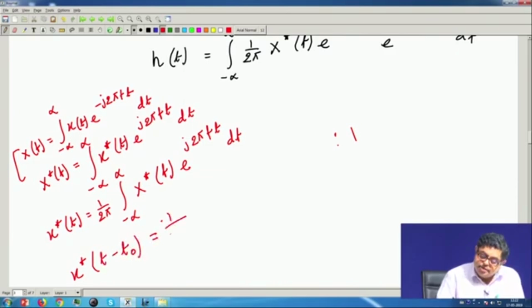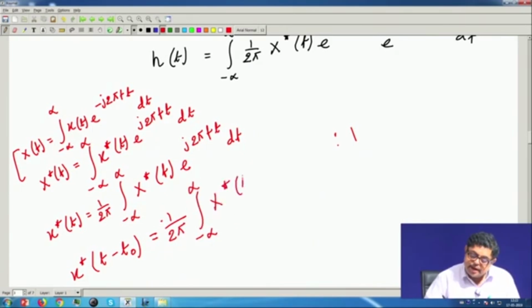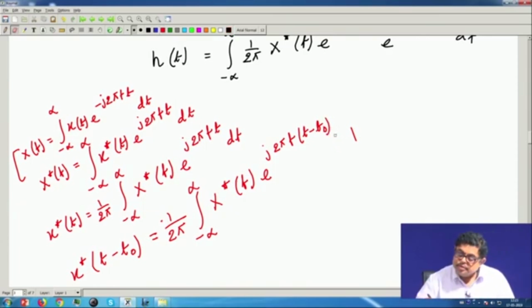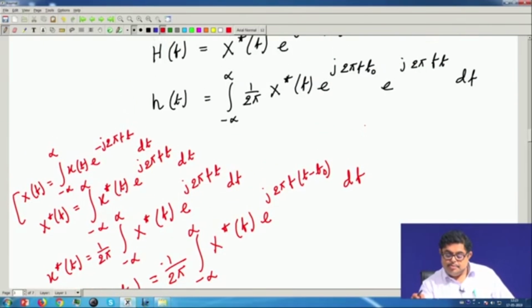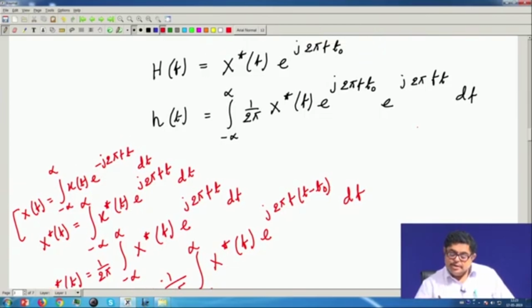That will be 1 by 2 pi, integral from minus infinity to infinity X star(f) e to the power j 2 pi f (t minus t naught) df. Now, if I show you this, can you tell me that this and this are the same?